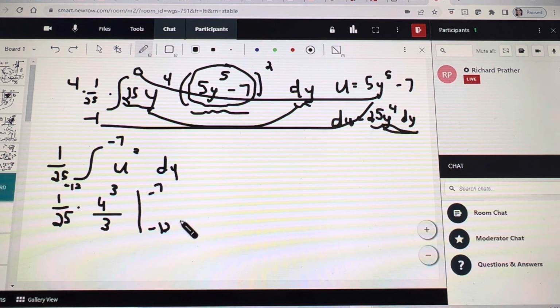So we can either do this, or we can put this stuff back in for u in the end, but once we do that, we would go from -1 to 0, and we'd be plugging those numbers in there anyway.